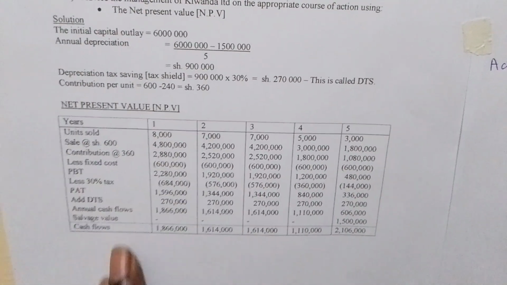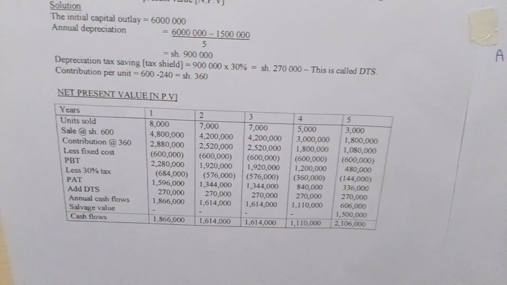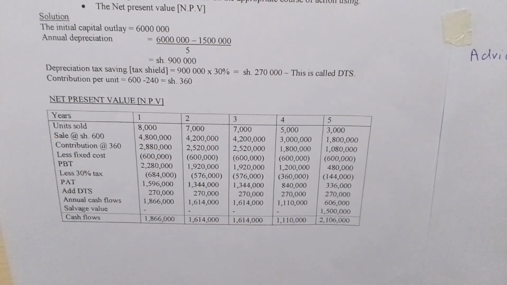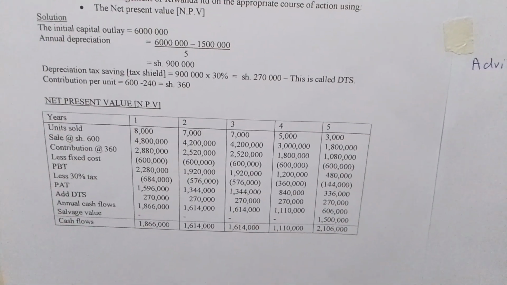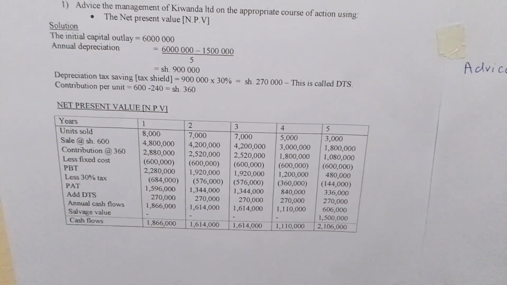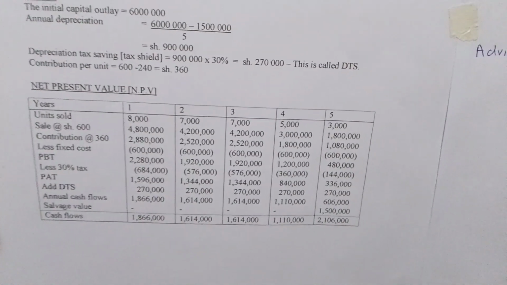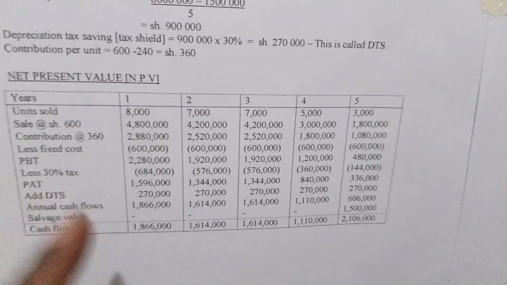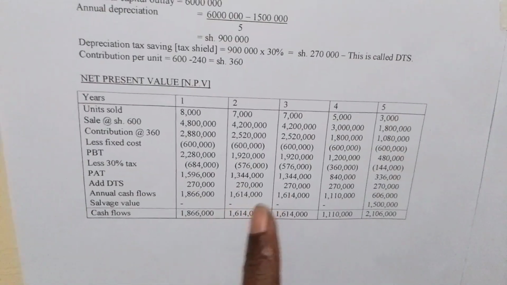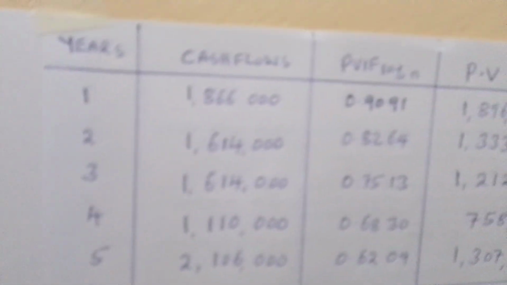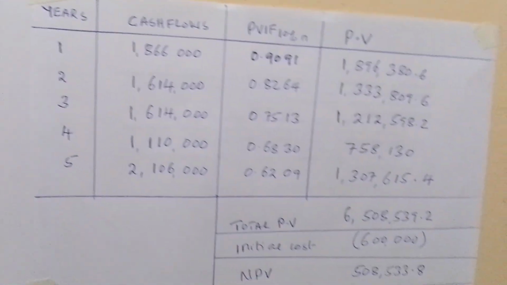Try to get earnings before depreciation and tax, and then you multiply by 1 minus t, then you plus DTS, and you see the answer which you get. So note these cash flows somewhere. We are using them to calculate the present value. So we go to the next part now.